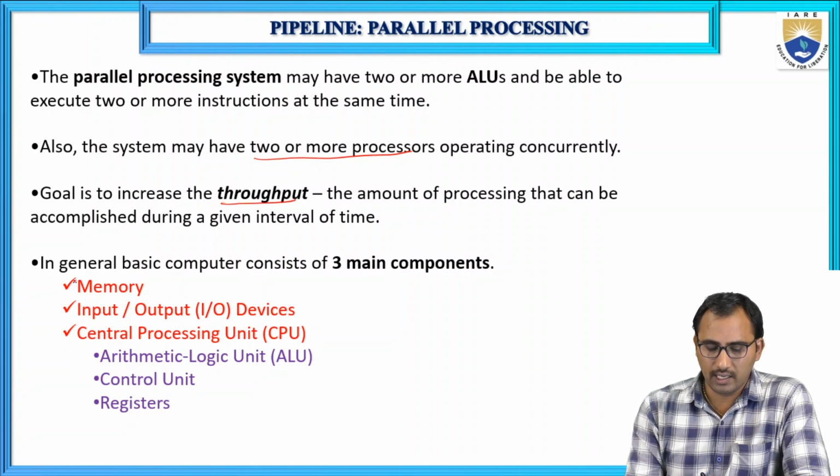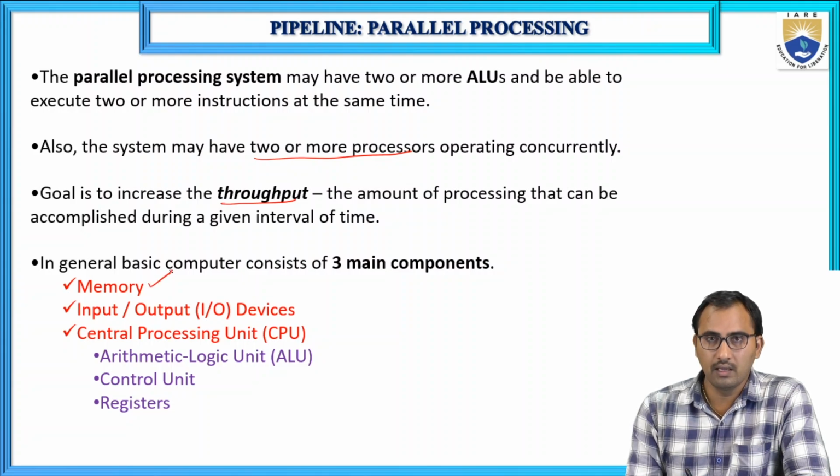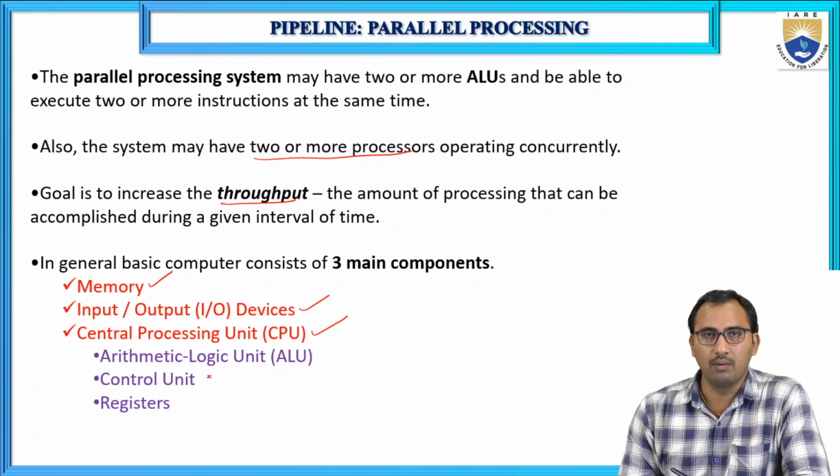And using this parallel processing system, we are going to increase the throughput. If you consider a basic computer system, mainly it has three functional parts: memory, I/O devices, and central processing unit. These are the three important functional parts of the computer.